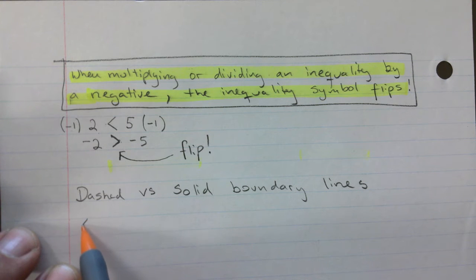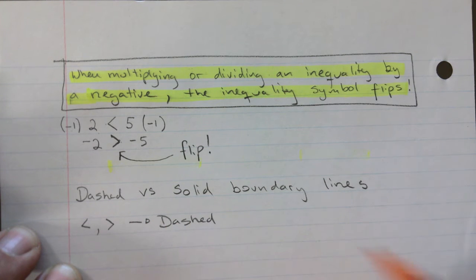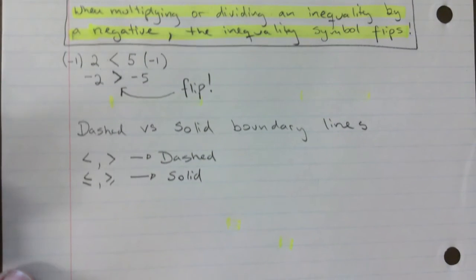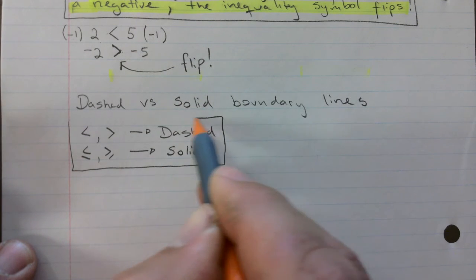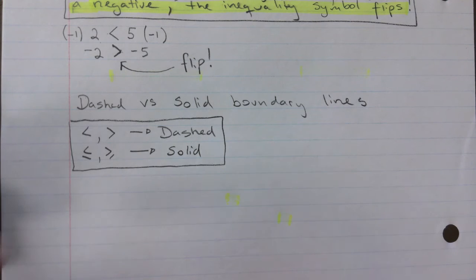If you have less than or greater than, it's dashed. If you have less than or equal to or greater than or equal to, it's going to be solid. So it's actually something that's going to be quite at first annoying to you, but I'm going to be picky on that right away. Did you get that right?